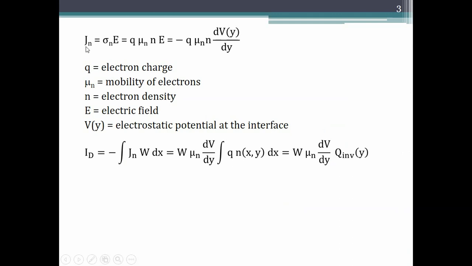So I think you are all familiar with this equation, that the electron current density in any material can be written as sigma times the electric field, where sigma is the conductivity.